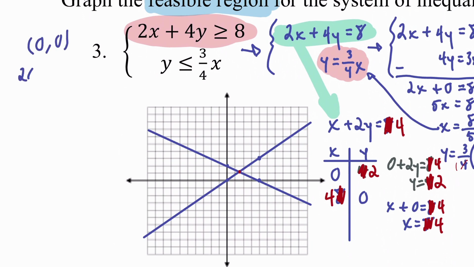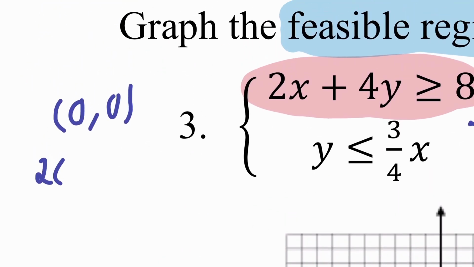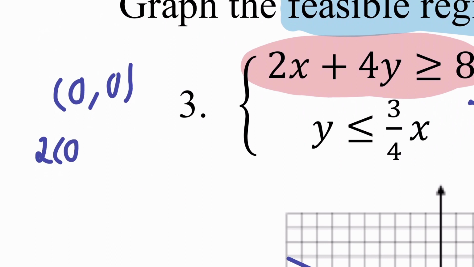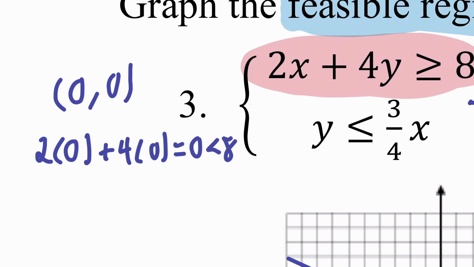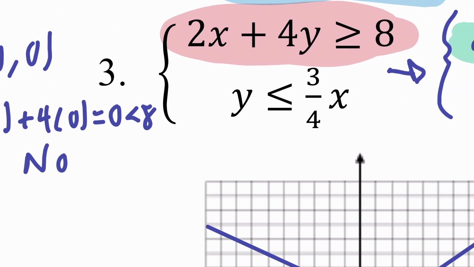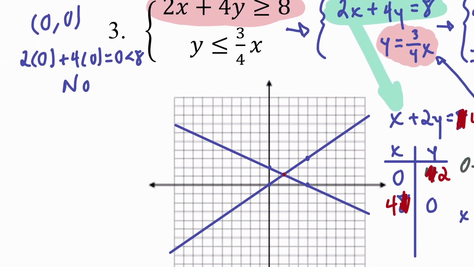Well, 2 times 0 plus 4 times 0 equals 0, which is less than 8. So no, it's not a solution. So that means that the solutions to that first inequality are above the line. Also on the line, including on the line.